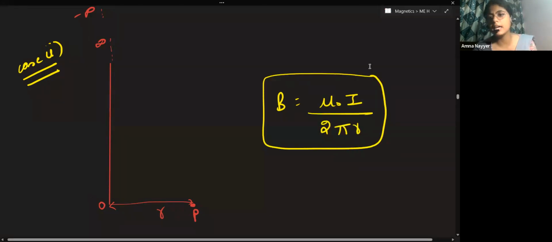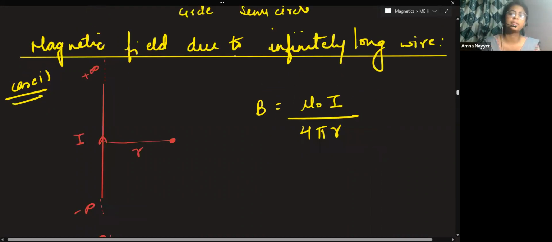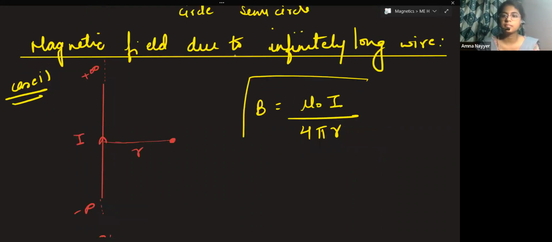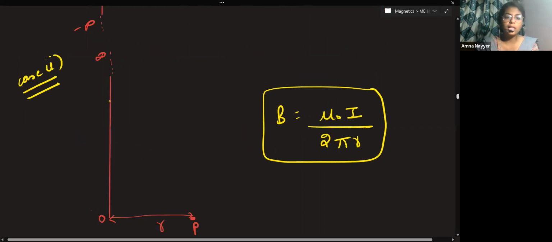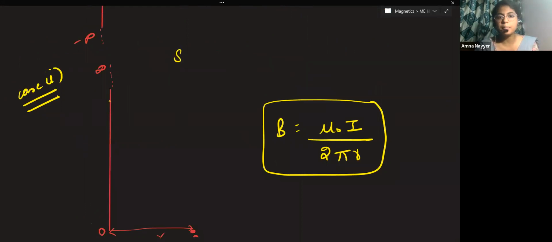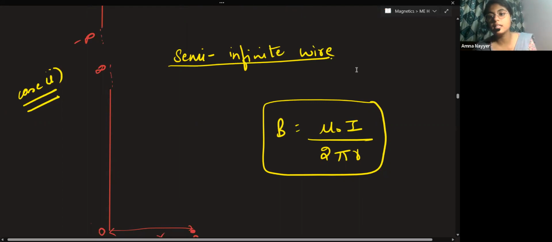Just a slight change in the 2 and the value of 4. This is the difference. So what do we call this wire? We call this kind of wire semi-infinite, because half of the end is extending to infinity, and the point is lying near the finite end.